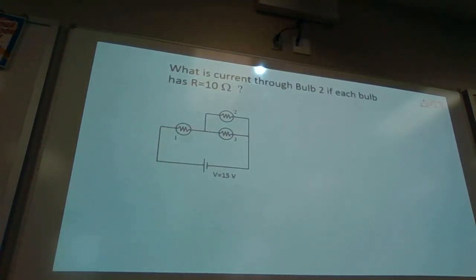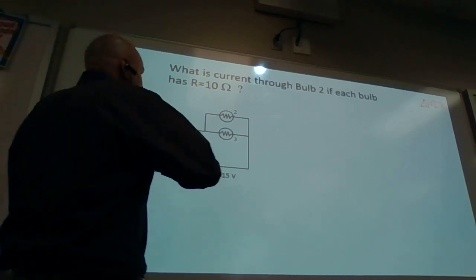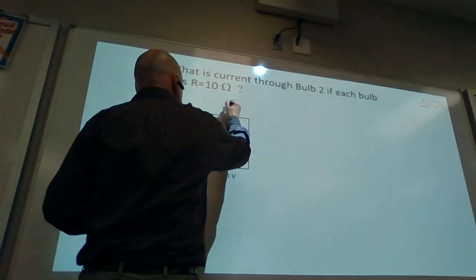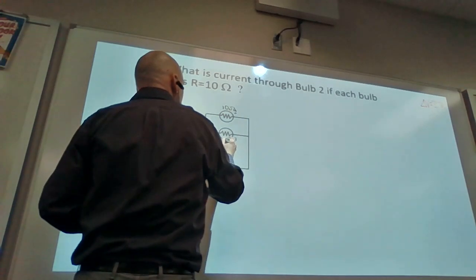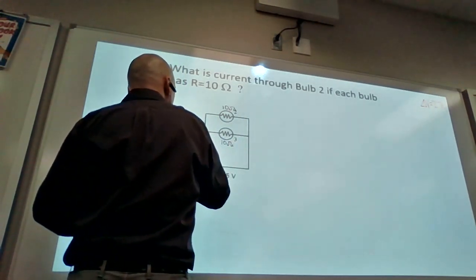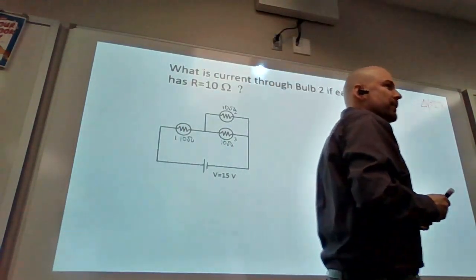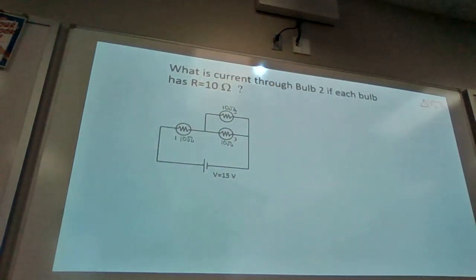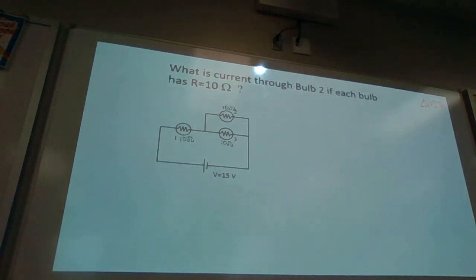Let's say each one of these resistors, these light bulbs, has 10 ohms of resistance. I want you to calculate the equivalent resistance, the total resistance, and make sure to redraw your circuits at every step.